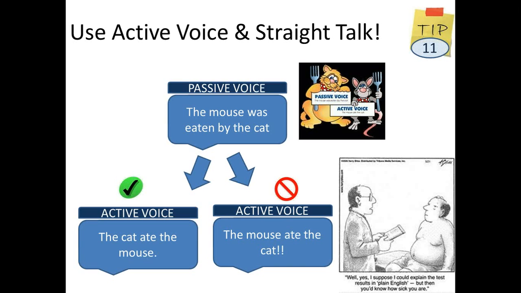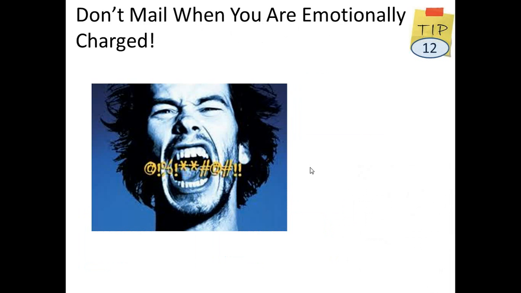So my tip number 11, ladies and gentlemen, is to use active voice and straight talk. An example of active and passive voice is right here on the screen for you to look at. Let me move to my number 12.